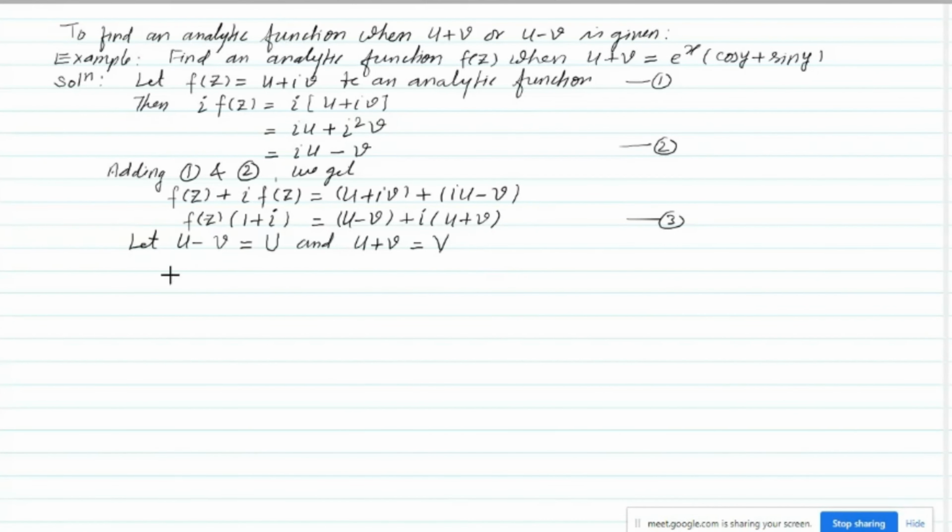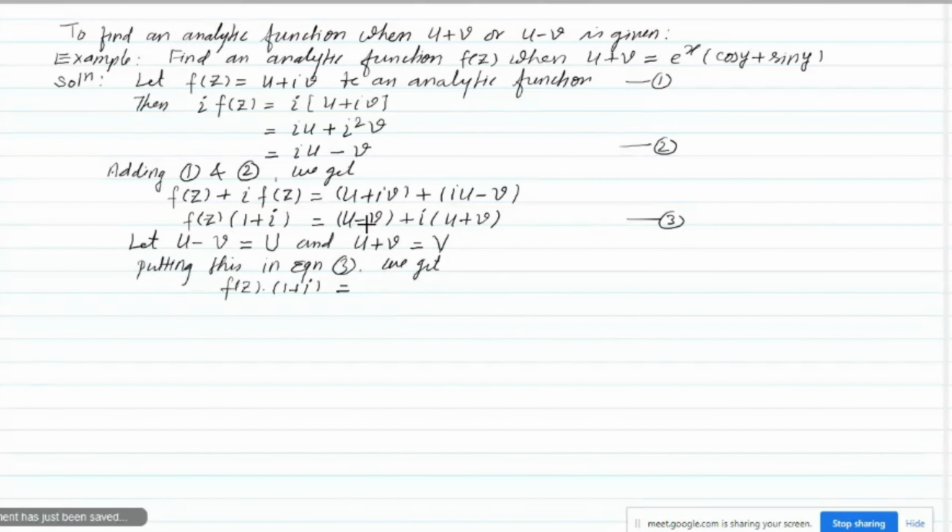So putting this in equation number 3, we get f of z into (1 plus i) equals, the first part becomes capital U, and plus i times this part, which is capital V.